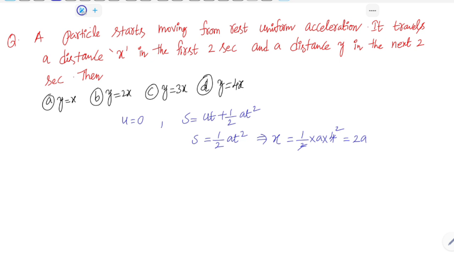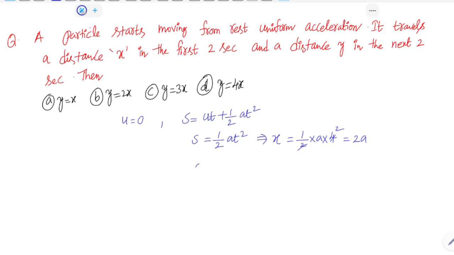Now, in the next 2 seconds, it travels a distance of y. Now what I am considering is a total of 4 seconds. In total 4 seconds, the particle travels a distance of x plus y. And here again u is equal to 0.